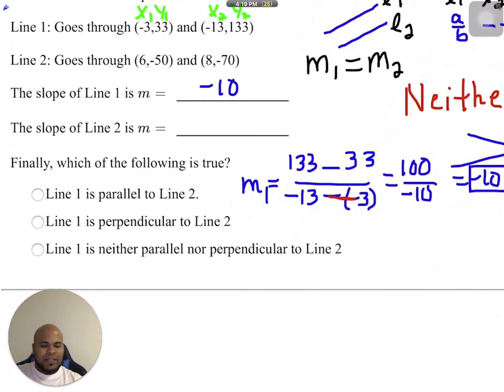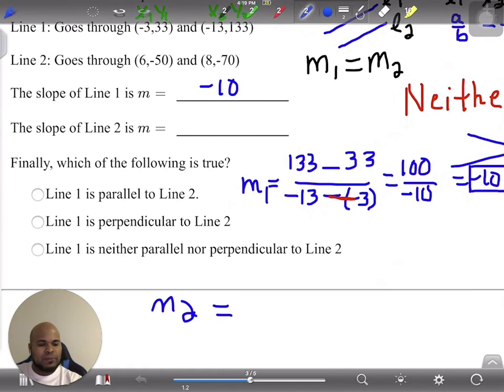If I want to find the slope for the second line, I'm going to do it at the bottom. I have to label the points, so let's go back and label the points. Please, it may sound like something simple, but do not make the mistake of writing the right number in the wrong place and then getting the whole problem wrong.